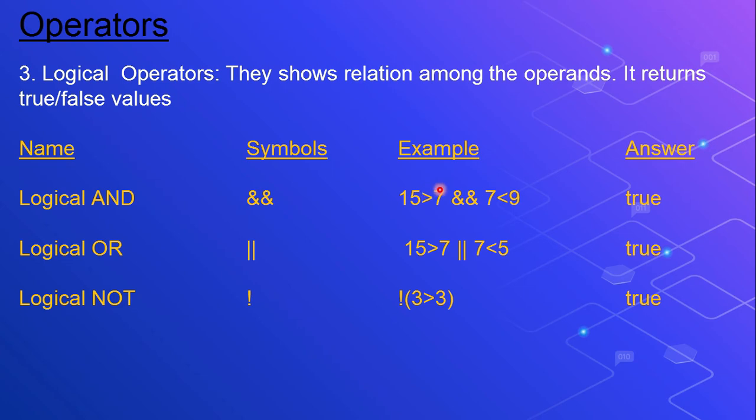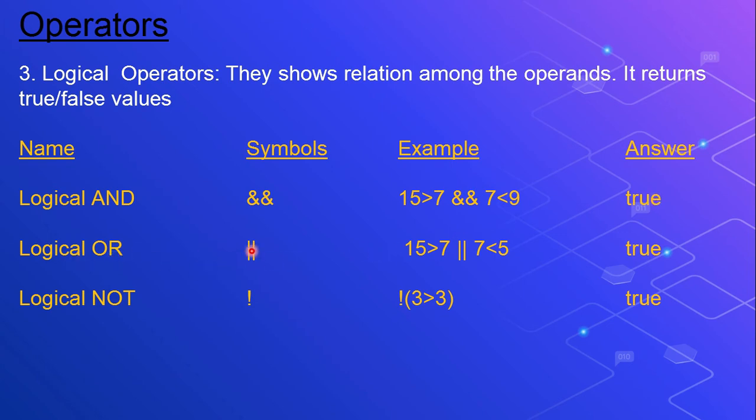If this is true and this is false, then logical AND will give you false. If this is false and this is true, then also it will give you false. This will give you true only if both the expressions are true.